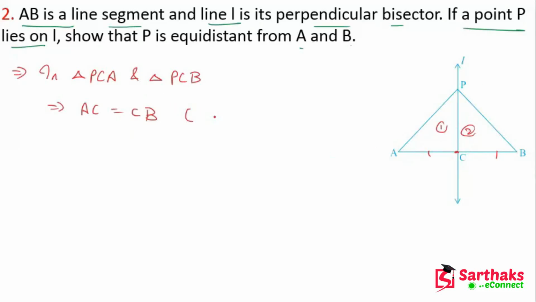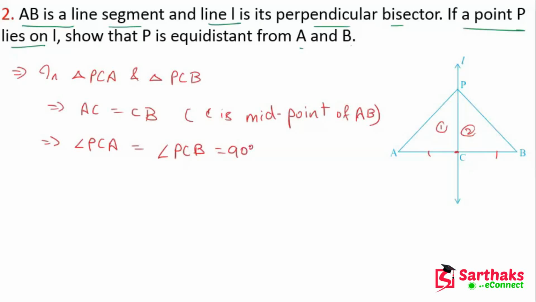So C is the midpoint of AB. Now angle PCA is equal to angle PCB is equal to 90 degrees.